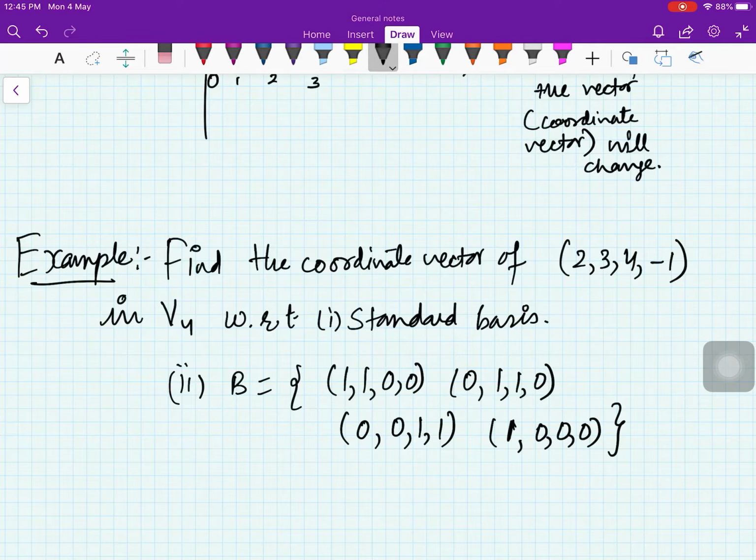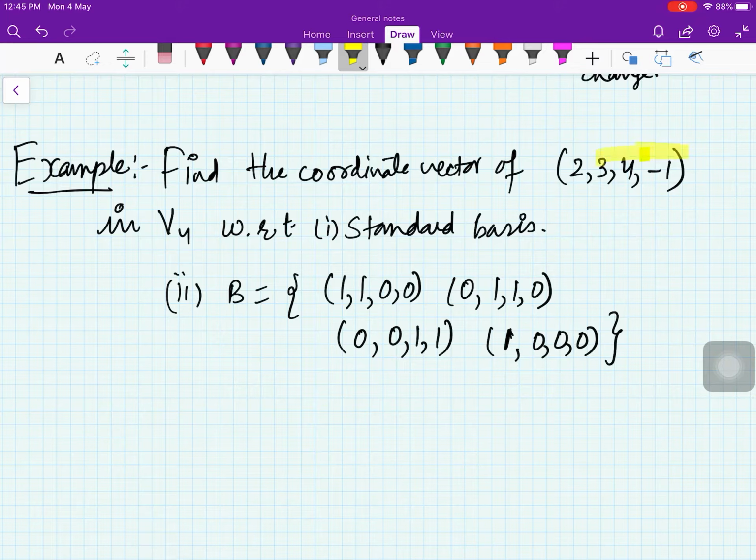So you are given a vector and asked to find its coordinate vector with respect to the standard basis and another basis.